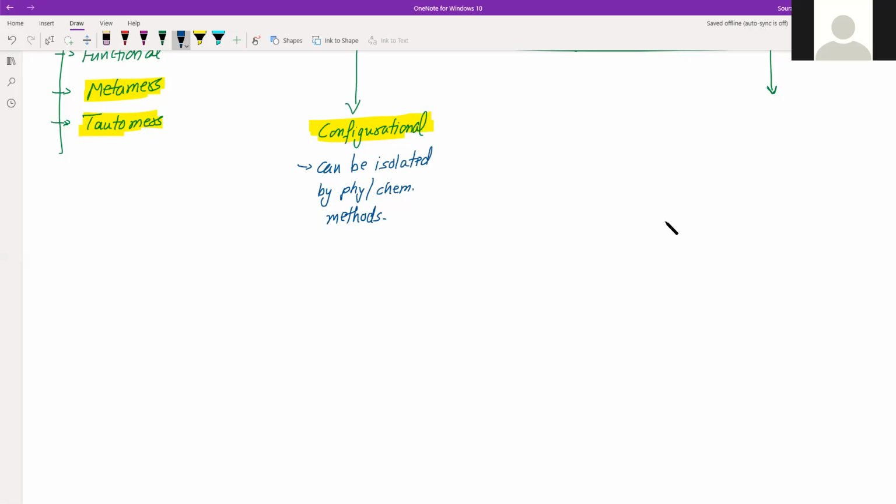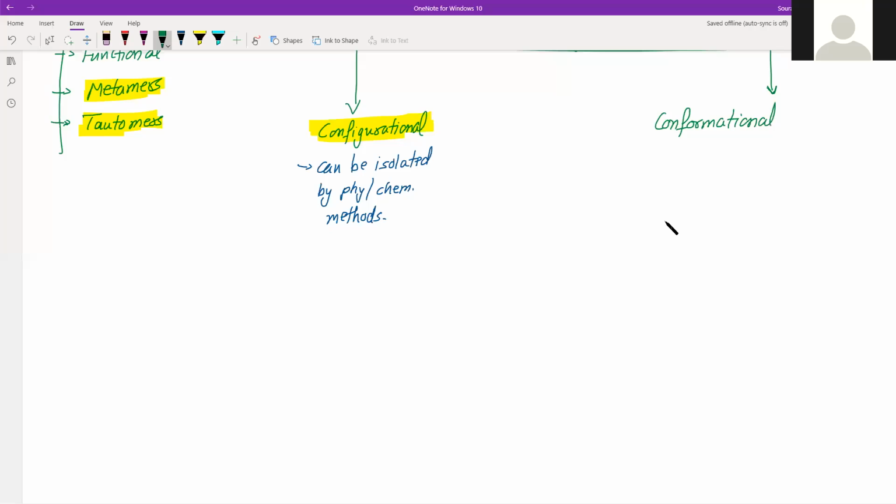Obviously the second category is the one in which this isolation is not possible, and such isomers are called conformational isomers, or conformational isomerism.